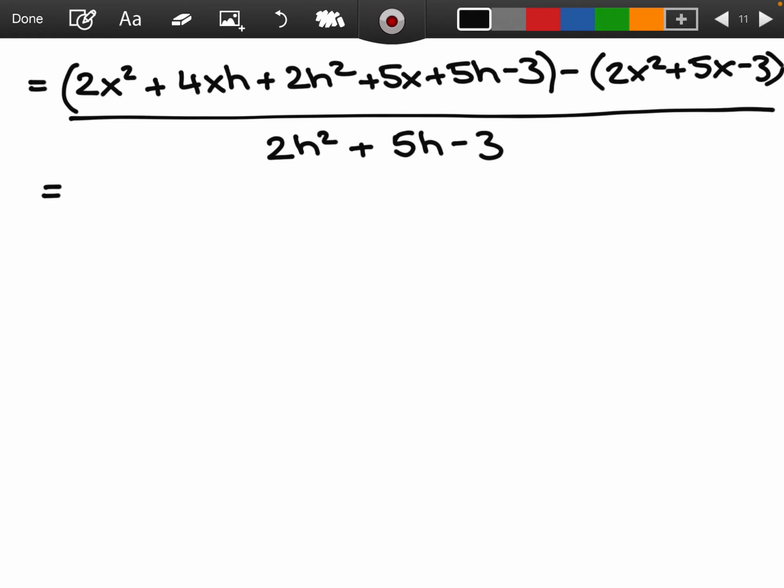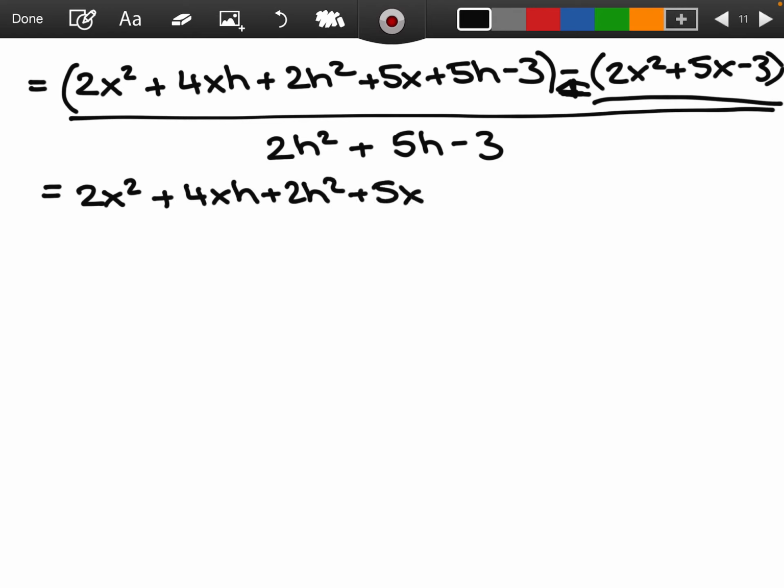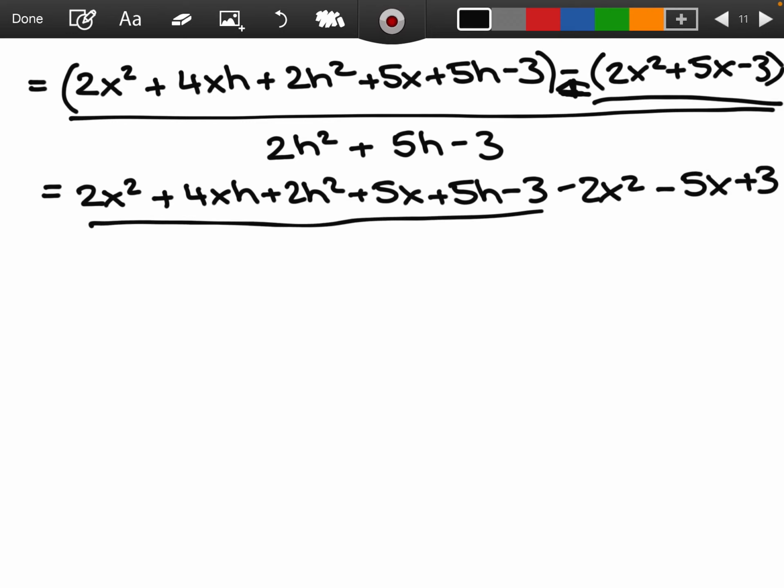Okay. At this point, you just have to cancel out anything that you can and simplify as much as possible. So if you were to get rid of these parentheses, remember you are going to have to make sure that you distribute this negative across these terms. So you get 2x squared plus 4xh plus 2h squared plus 5x plus 5h minus 3 minus 2x squared minus 5x plus 3. So you've distributed that negative.